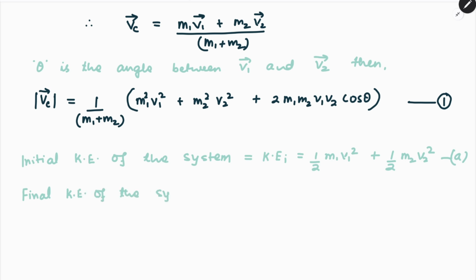The final kinetic energy of the system can be written as half of the sum, that is m1 plus m2, times Vc square.